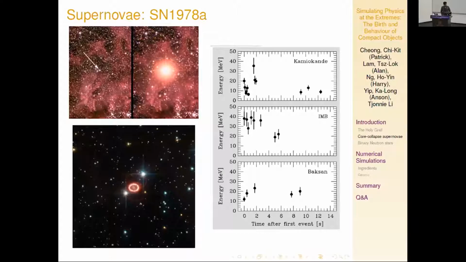This is an example of the supernova SN 1987A. The left panel shows some electromagnetic observation or detection of that event. The right-hand side shows that not only can the optical band be detected for such an event, it also radiates neutrinos, so the right-hand side shows the neutrino signal at different detectors.